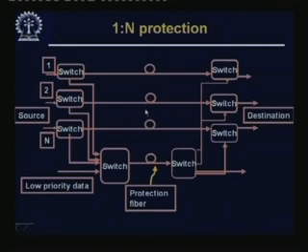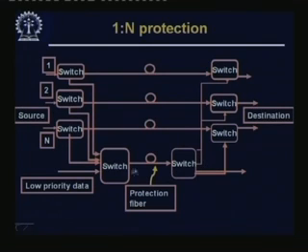What would happen is that in case there is a failure in any one, let us say the ith link from 1 to n, the ith source to ith destination is going through the ith link, and the ith link fails. The ith switch could switch the signal from the ith source to this particular switch at the bottom, and the protection fiber would carry whatever signal was flowing down the ith channel, and then feed it to the ith switch on that side.